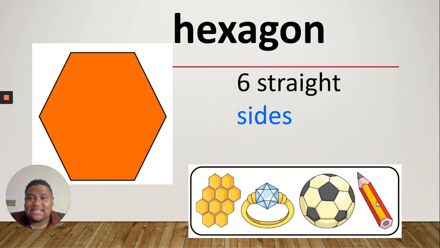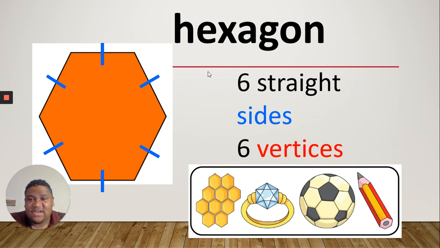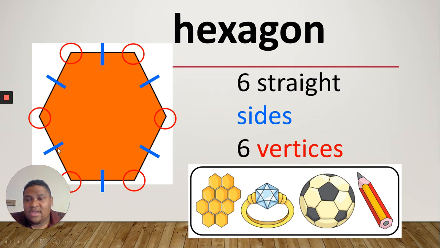The hexagon has 6 straight sides. 1, 2, 3, 4, 5, 6. And it has 6 vertices. 1, 2, 3, 4, 5, 6. What did I say a vertex was? Where 2 lines meet.